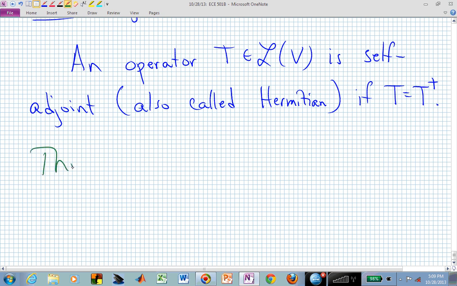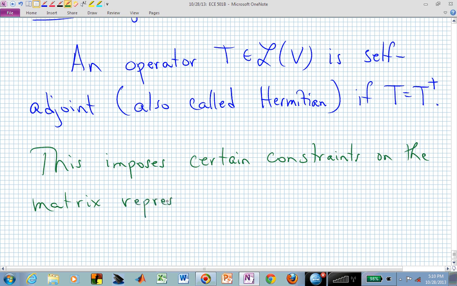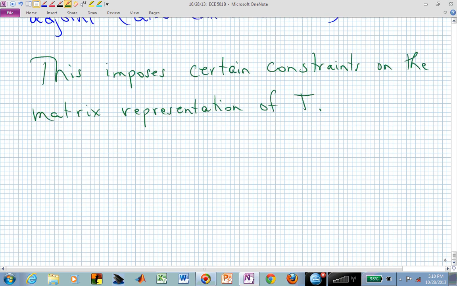And I hope we're now in a position to think about how this is constraining these maps or linear operators T. This imposes certain constraints on the matrix representation of T. The matrix representation of T, and I don't need to worry about the basis.